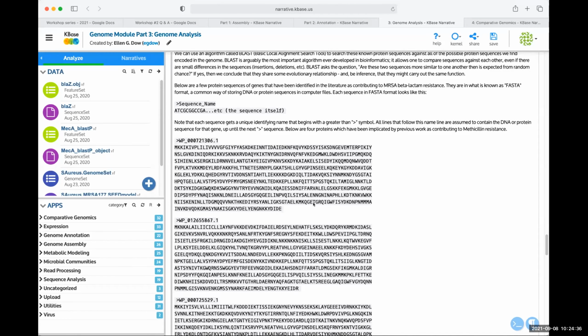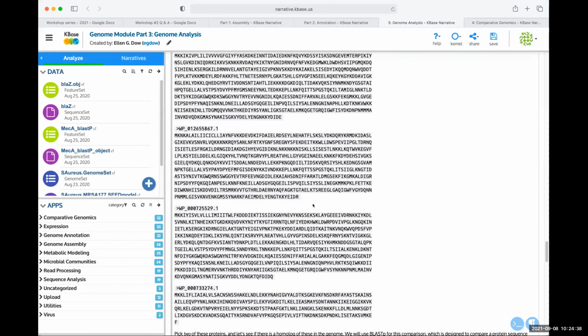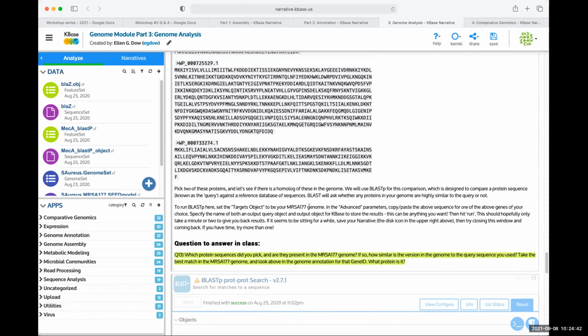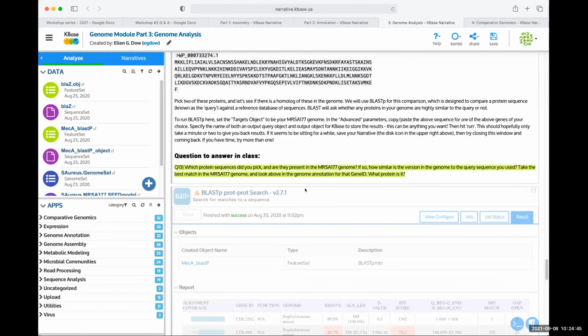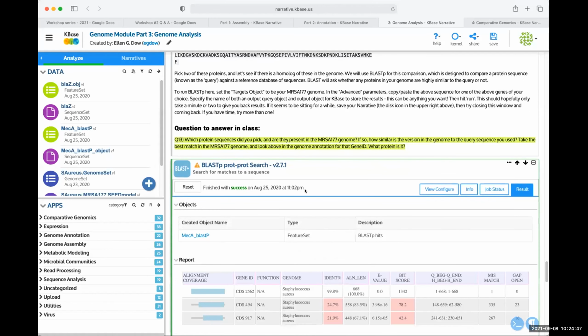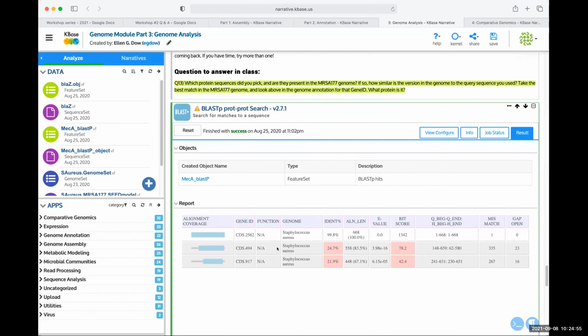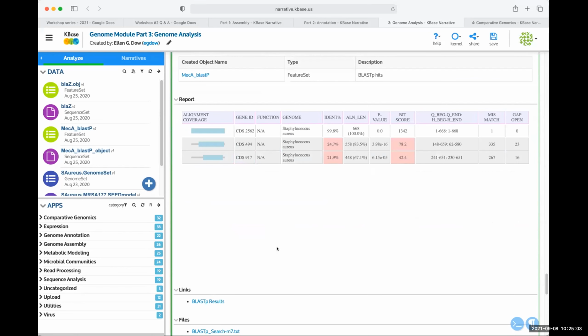So I give them the FASTA sequence of a few different examples, and I ask each group just to pick one randomly, and then do a protein blast against the feature set for this genome, and they will find homologs in the genome, which they get very excited about, and then we go, okay, now what does that mean? What does that do? Where is it? And that sort of thing.